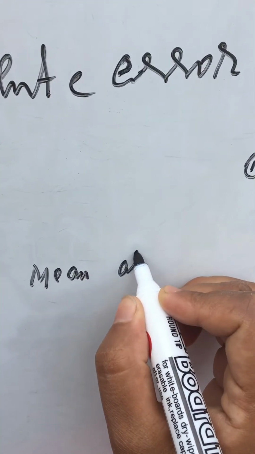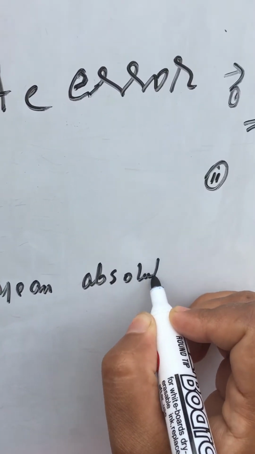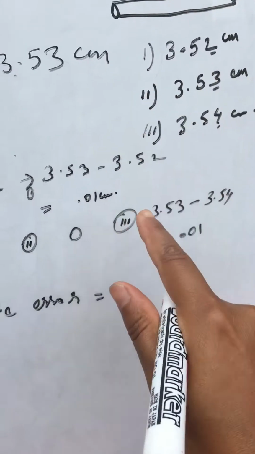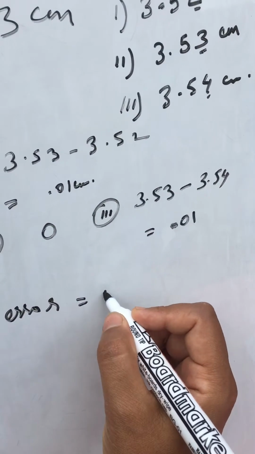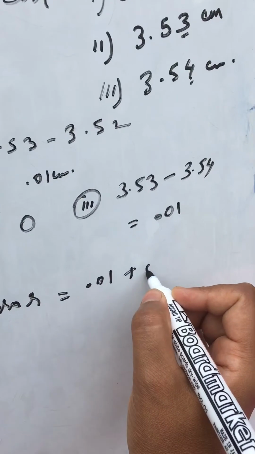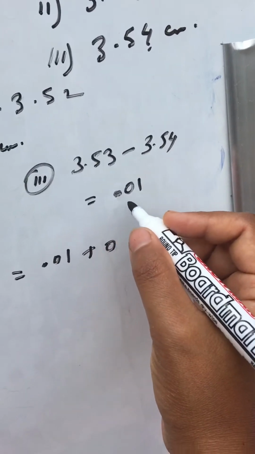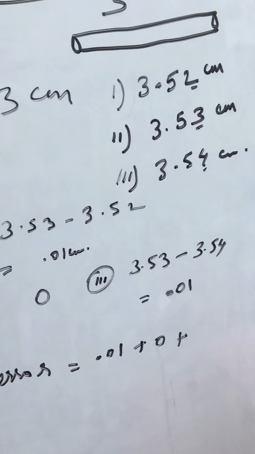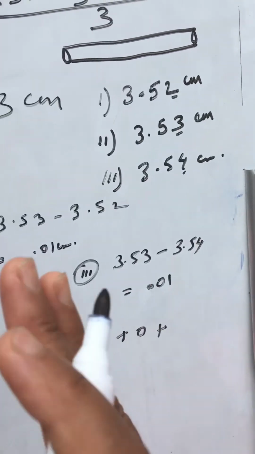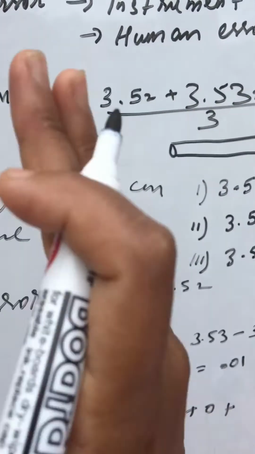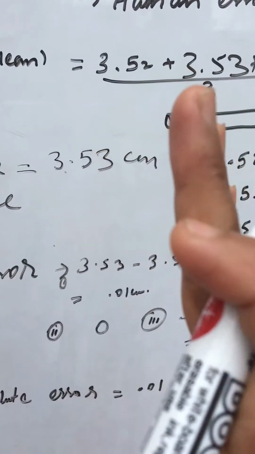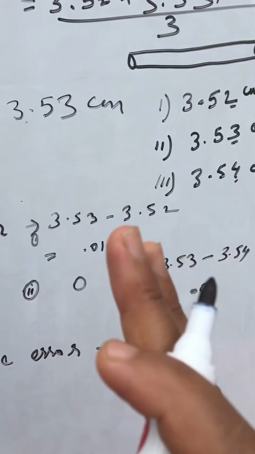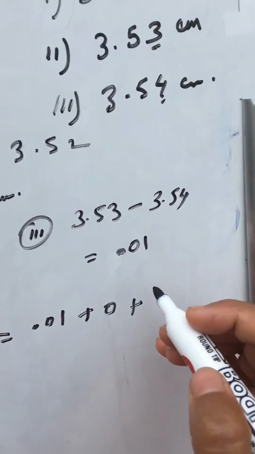Then for this experiment, what is the mean absolute error? The mean of all the errors: in the first case it is 0.01, in the second case it's 0, in the third case it was minus, but as I have said, in absolute error we don't take the minus sign, because it only tells the deviation, which can be on both sides.